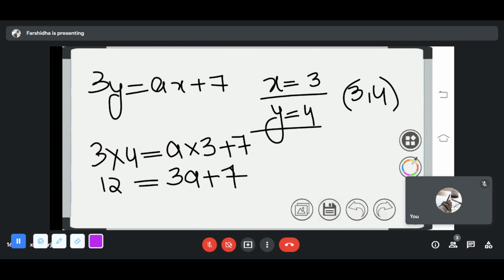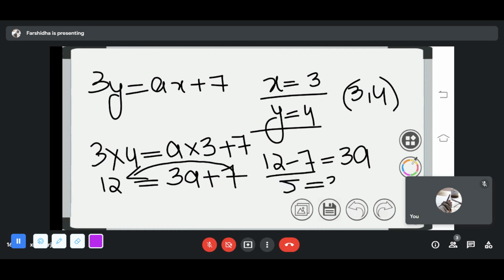Now I'm taking this 7 this side, so plus 7 will become minus 7. 12 minus 7 equal to 3a. 12 minus 7, 5. 5 is equal to 3a. What is a? A equals 5 divided by 3. A equal to 5 by 3.